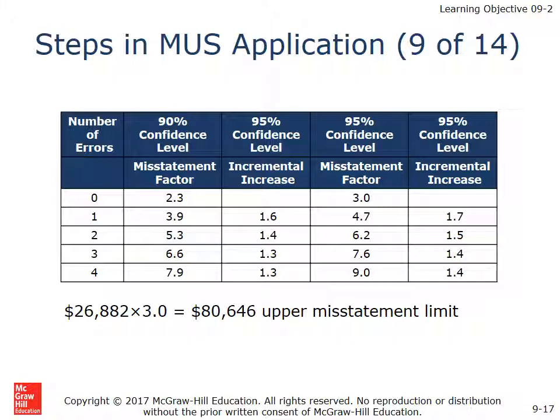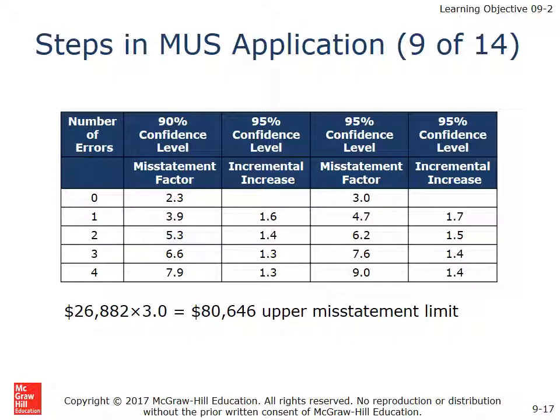This is our monetary unit sampling misstatements table, on page 311. If we want a 90% confidence level, the number of errors we find is 0. The misstatement factor we use to find our overall upper misstatement limit, because this will have sampling risk, will be 2.3 times our sampling interval.